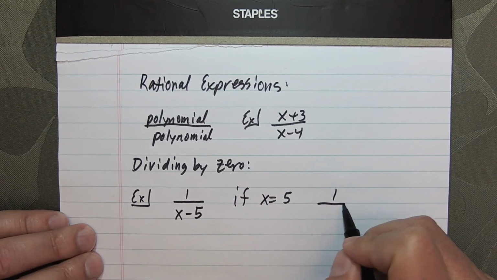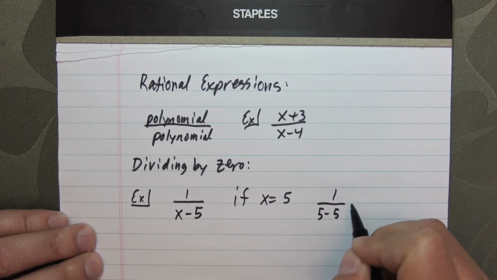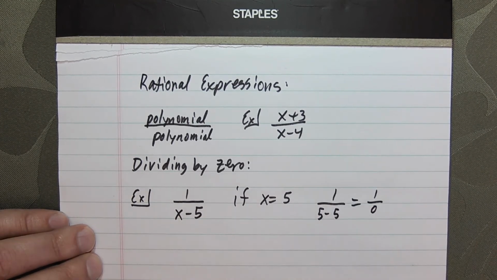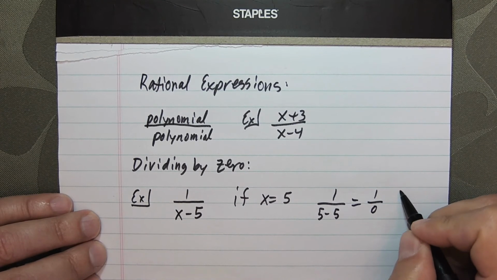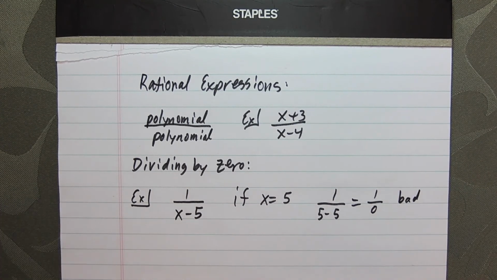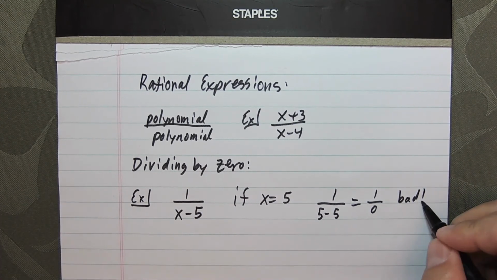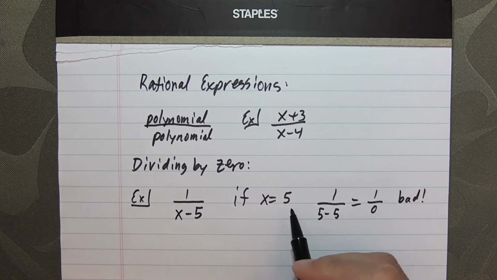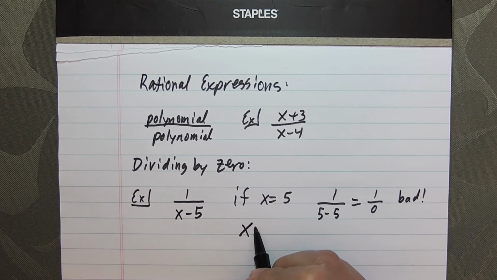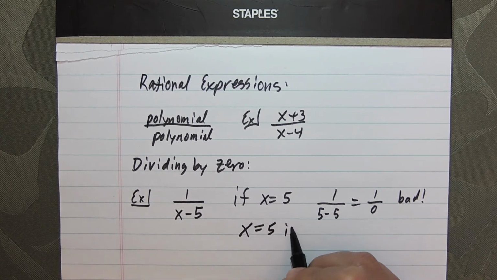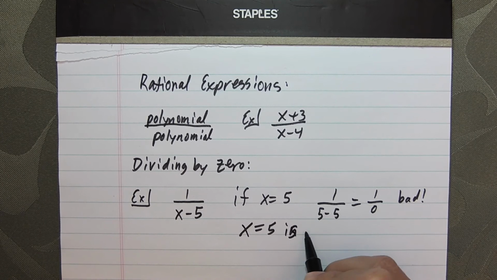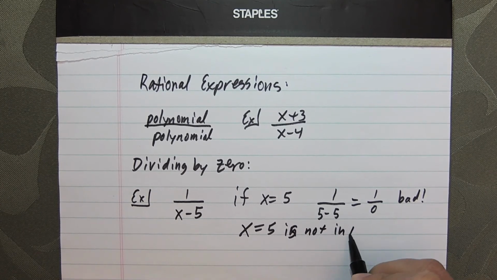Do you see I get 1 over 5 minus 5, and we get 1 over 0? Which is bad. So what we would say is that x equals 5 is not in the domain.